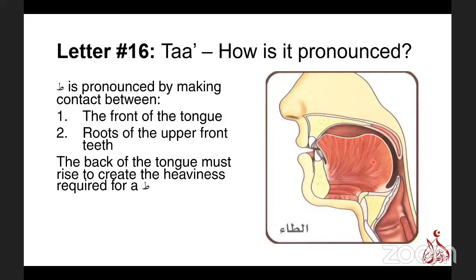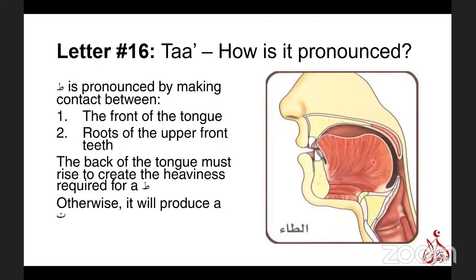If that back of the tongue is down, it's going to produce a Ta instead. So Ta and Tha are pronounced from the same place. It's just the back of the tongue that makes the difference, because Tha is a heavy letter from the huruf isti'la, and Ta is a light letter from the huruf istifal. So that's Tha. It's pretty straightforward, nothing really complicated there.